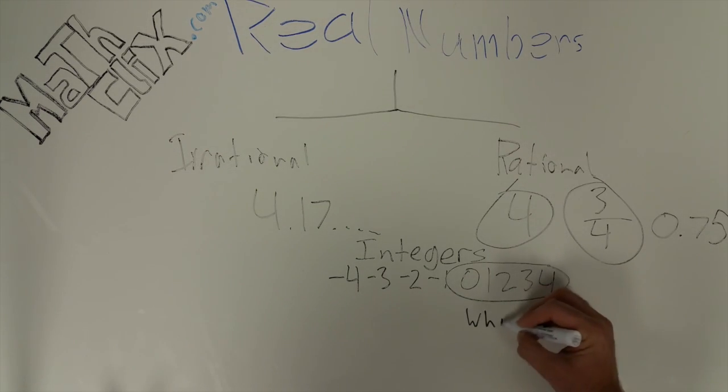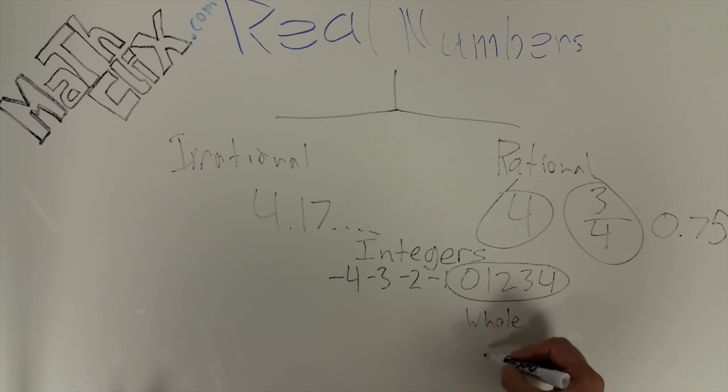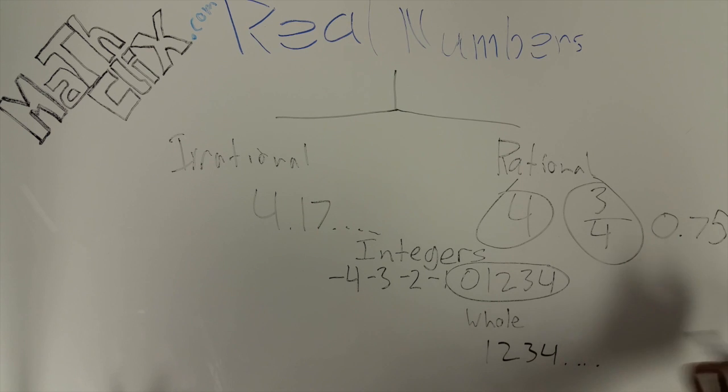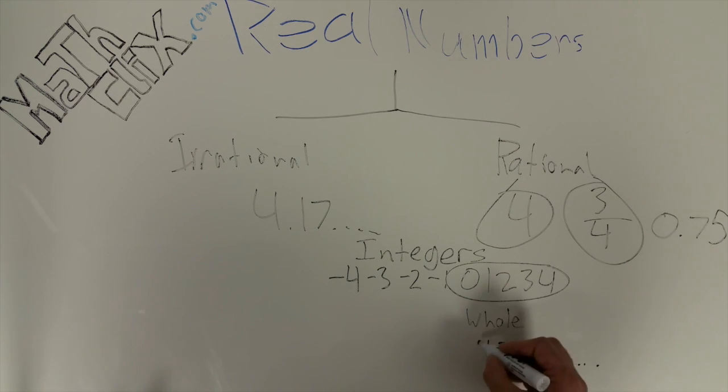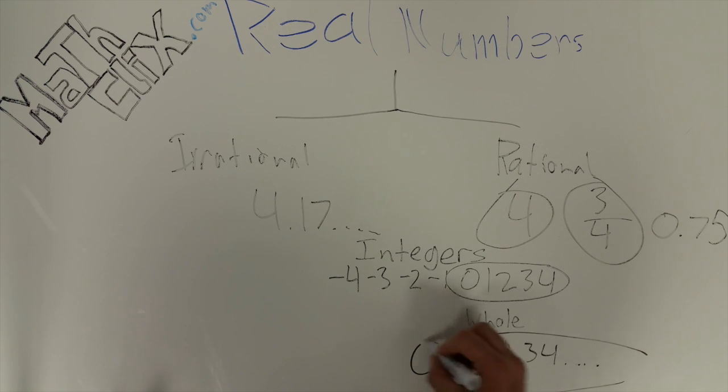Well, whole numbers can also be broken down into two more subcategories of 1, 2, 3, 4, forever, and 0. Why do we split the 0 off from these?